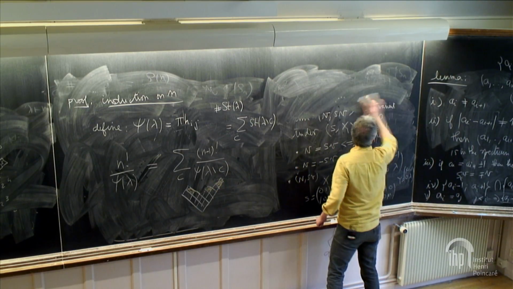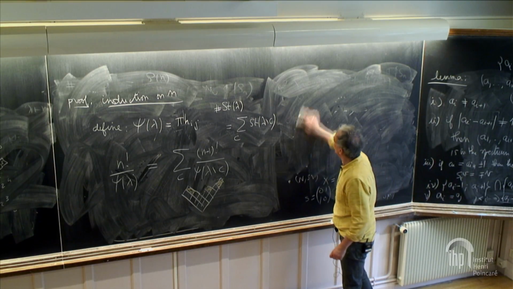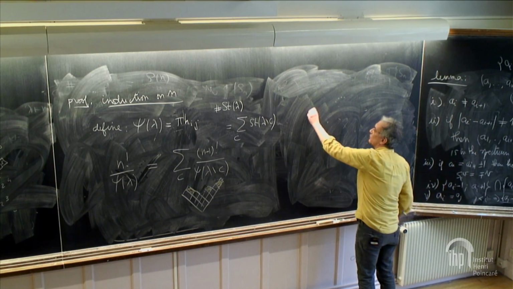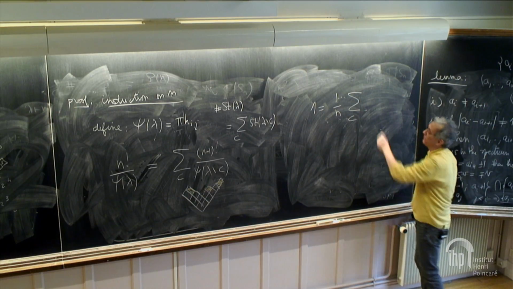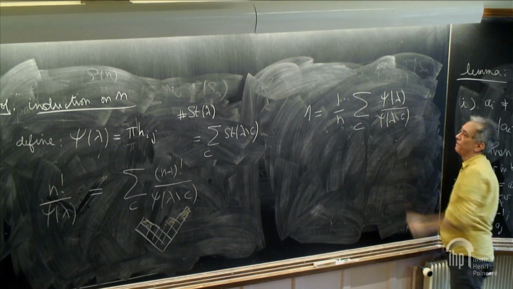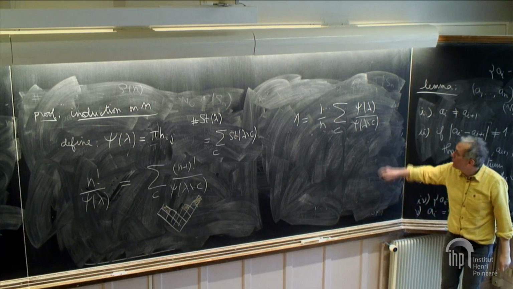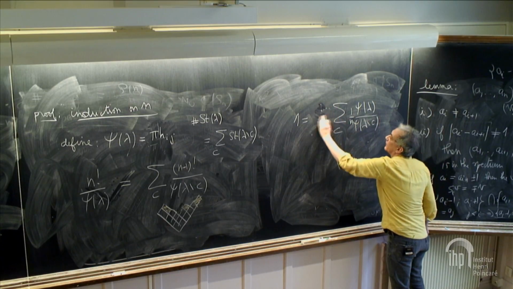Well, the proof is probabilistic because you rewrite it as 1 equals the sum of some things. So I can rewrite it as 1 equals 1 over n, sum over c of psi of lambda over psi of lambda minus c. And now I will interpret these numbers. Maybe I could even put the 1 over n here.